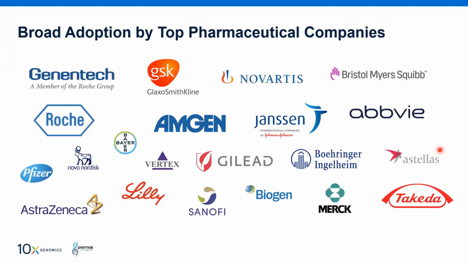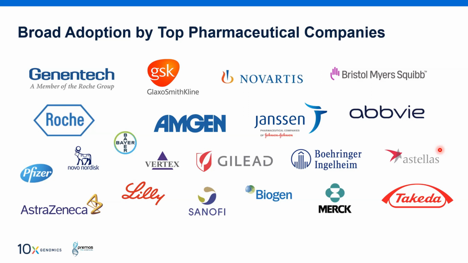Now, as I told already, the broad adoption is there from all the top 20 biopharma companies, which right now you can see on the screen. You can just pick up Bristol Myers Squibb, Novartis, GSK is the biggest brand. Roche is already a very big brand. Genentech.